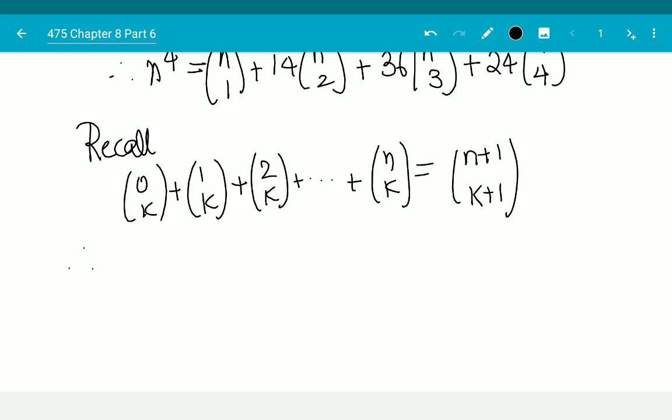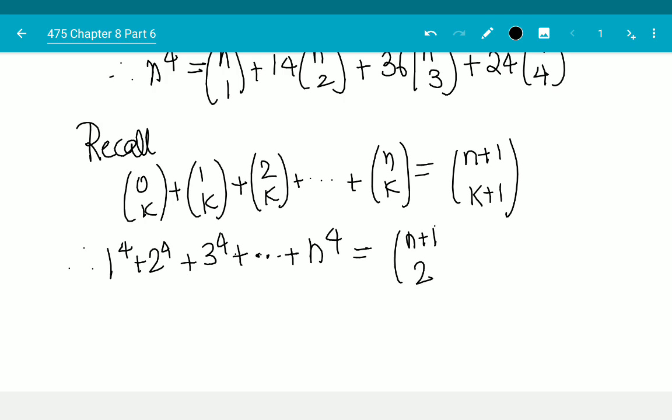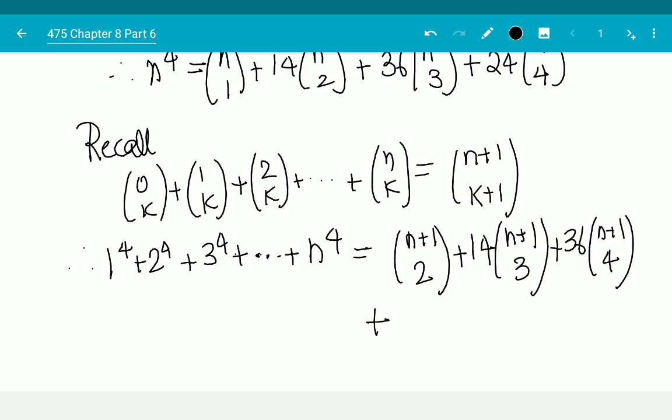And hence, therefore, 1 to the 4 plus 2 to the 4 plus 3 to the 4 plus dot dot dot plus n to the 4 is equal to, all of these are going to get summed up, n plus 1 choose 2, plus 14 times n plus 1 choose 3, plus 36 times n plus 1 choose 4, plus 24 times n plus 1 choose 5. Okay?